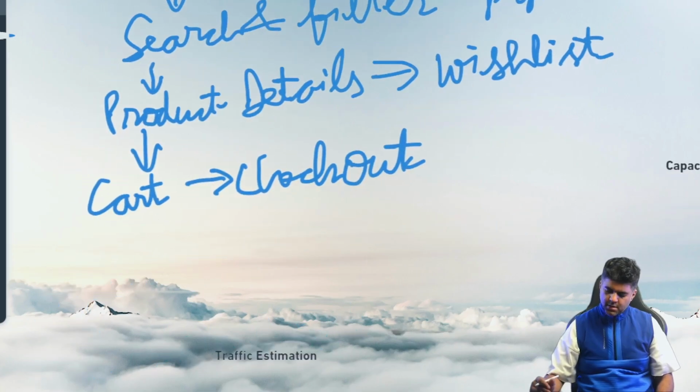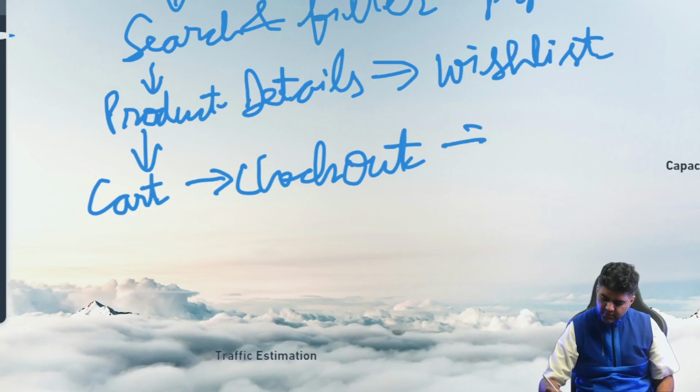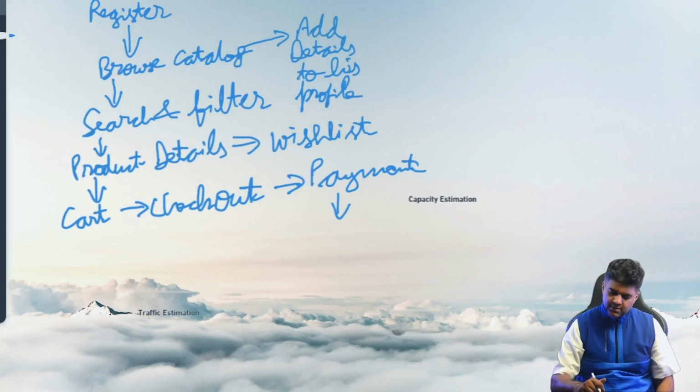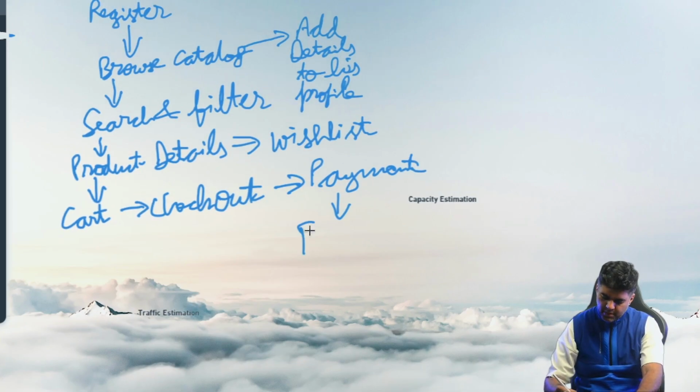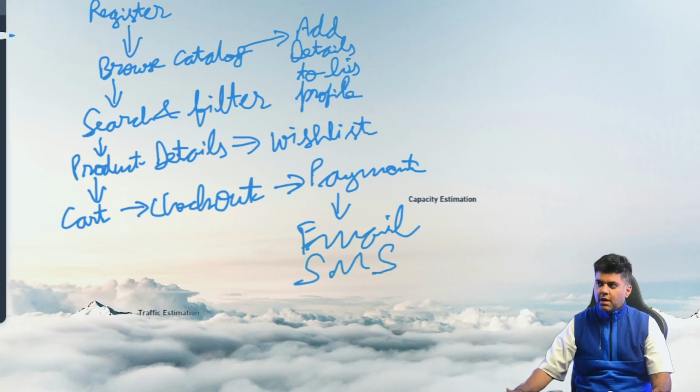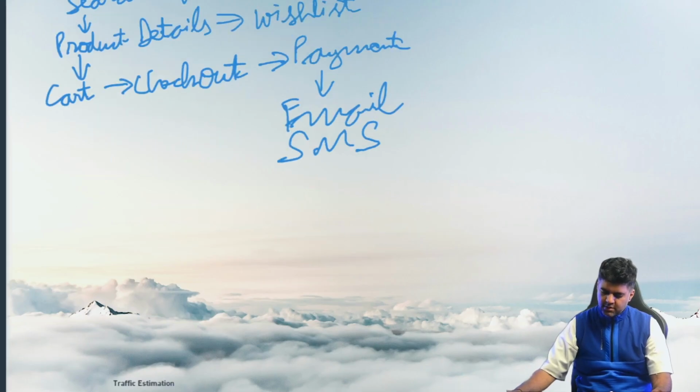Now after checkout, what can the user do? Obviously he makes a payment after checkout. And then after payment, he receives some communication by email or SMS. So that's something that he'll get, the email and SMS.